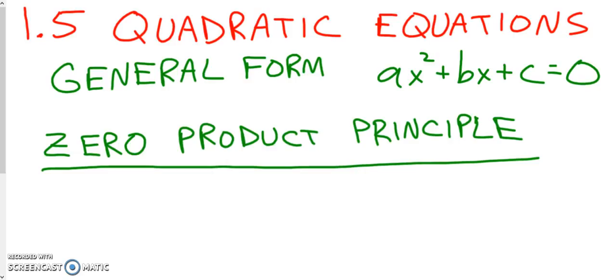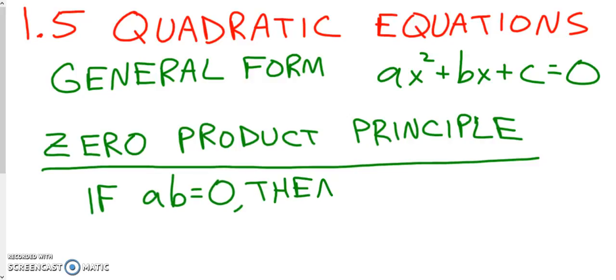So the zero product principle states that if A times B equals 0, then A equals 0 or B equals 0. That's why when you're factoring, it's key that you get your expression equal to 0, because then when you factor, each factor could be equal to 0. And that helps you solve things.